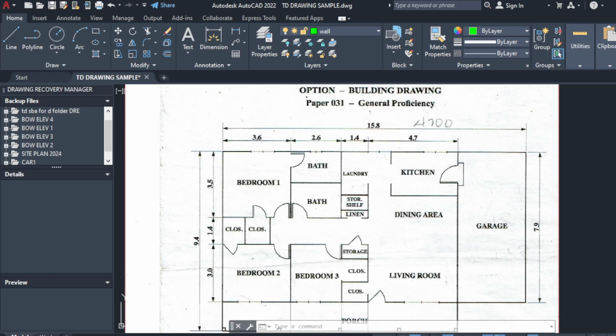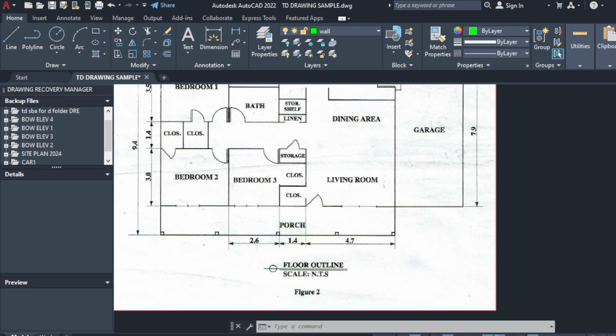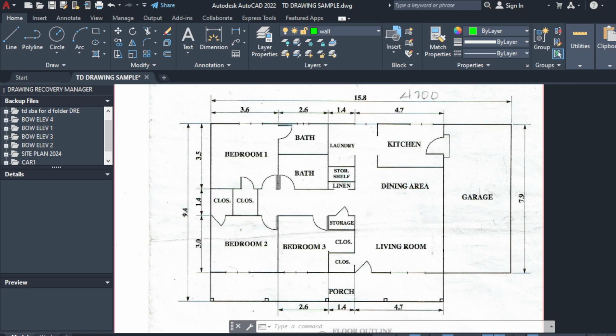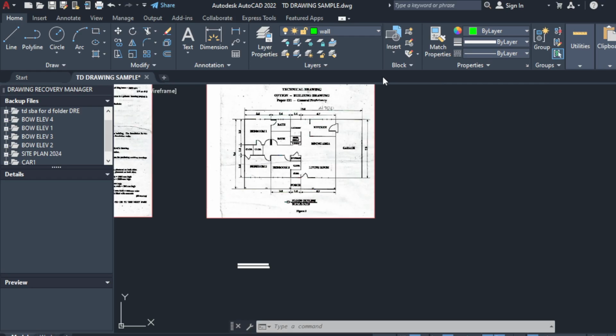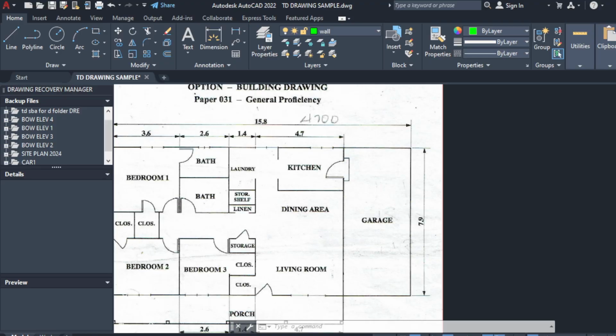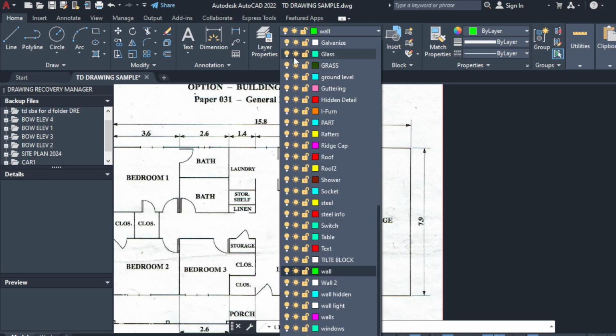So let us proceed to draw the layouts of what is presented to us here. So the total length is 15,800. I'm going to select wall in my layer properties.